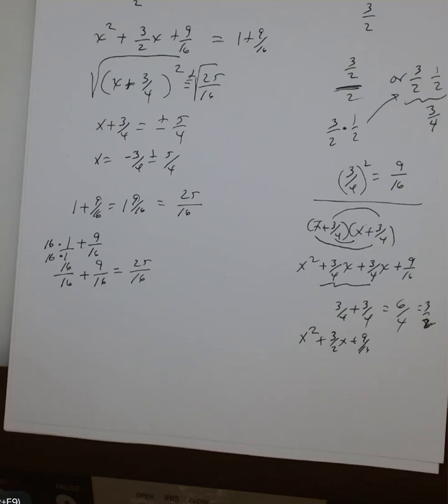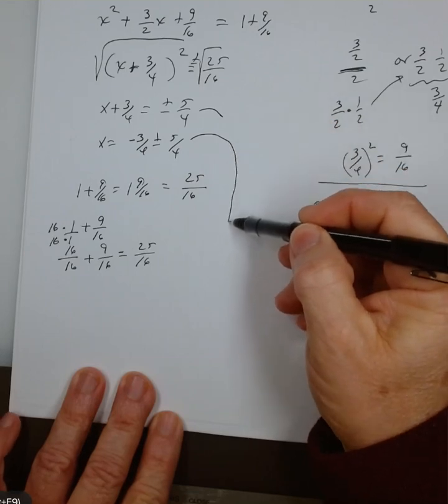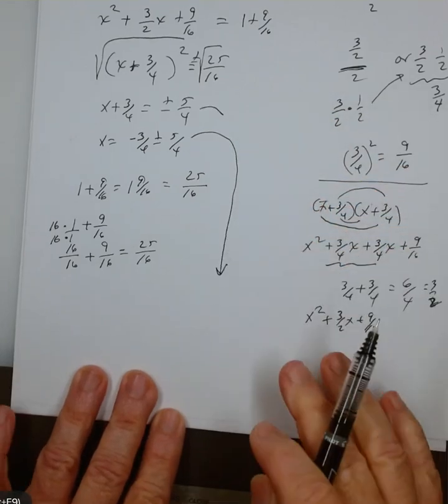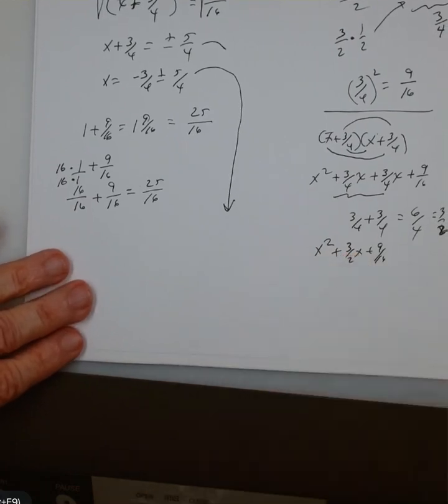So what that means is this. I'm going to have to write it right here. Oops, sorry, right here. Since both of those are rational numbers, I can write it as one fraction.